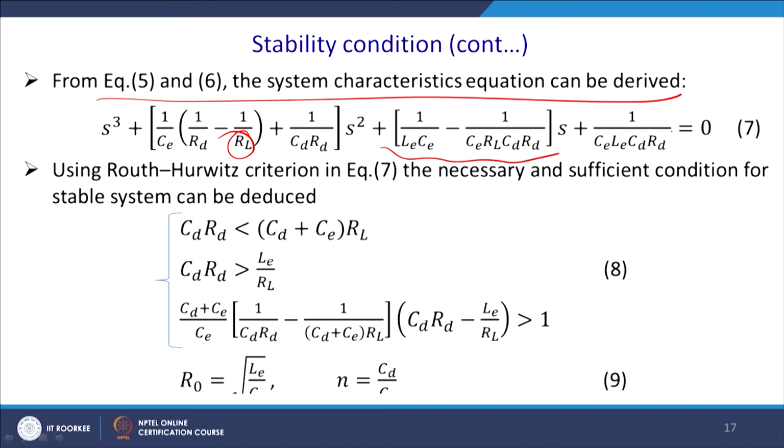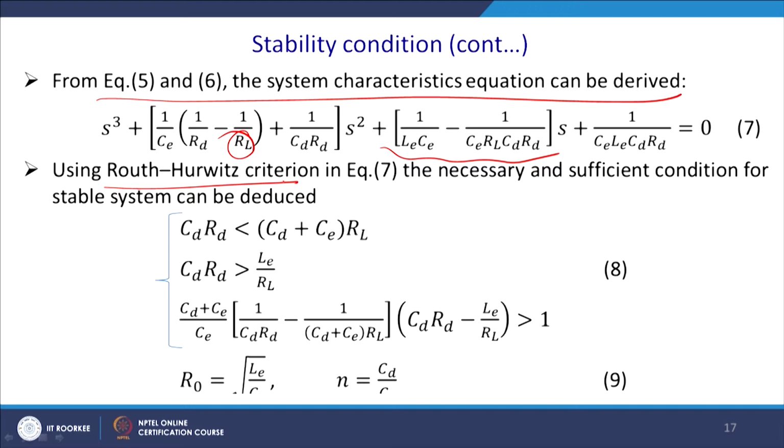This is the damping part, since it is the coefficient of s. Thereafter, this will be essentially the damped oscillation part, omega d. Thus we apply a simple criterion that you have studied in your basic control systems course at BTech level, that is the Routh-Hurwitz criterion.